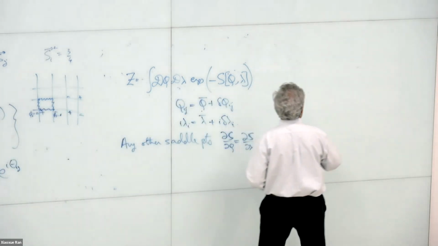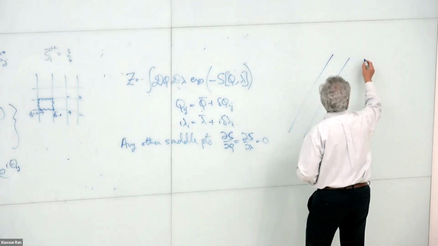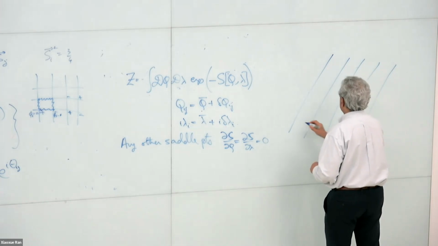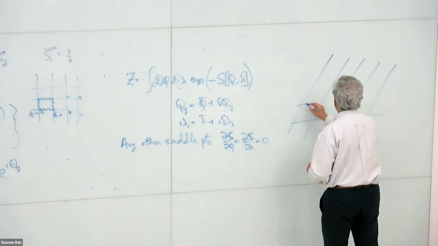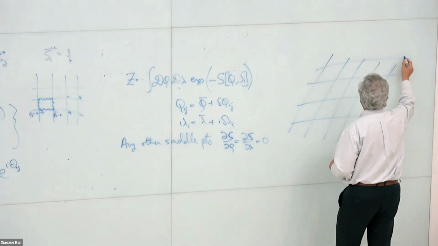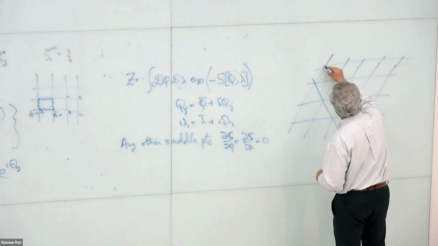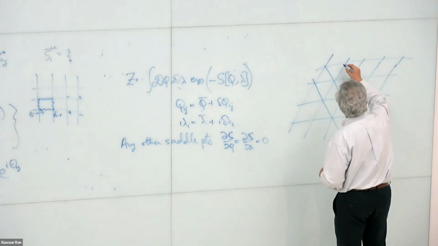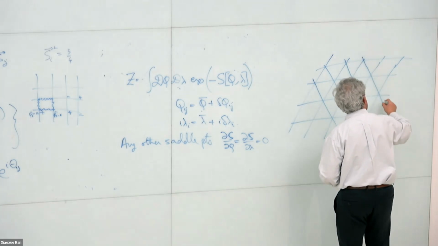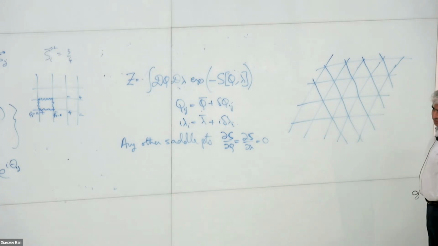All right, so here's my triangular lattice. We found a uniform solution, okay?